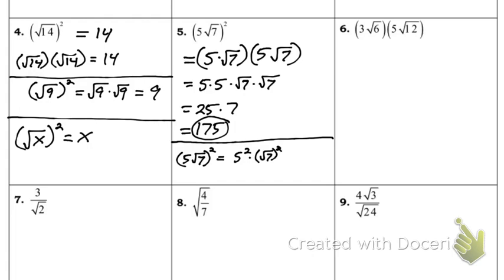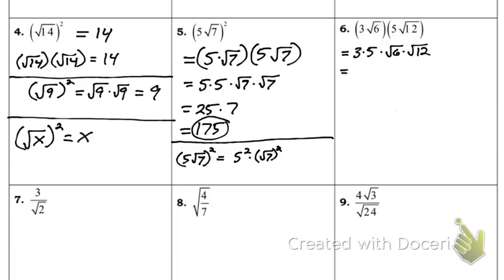So there's lots of different ways to do these. Our next one, we have 3 times square root of 6 times 5 times square root of 12. So what I do is I line up the things that are underneath the radical and things that aren't. So I'm going to rewrite this as 3 times 5 times square root of 6 times square root of 12, because that gets us to another thing that we can do.